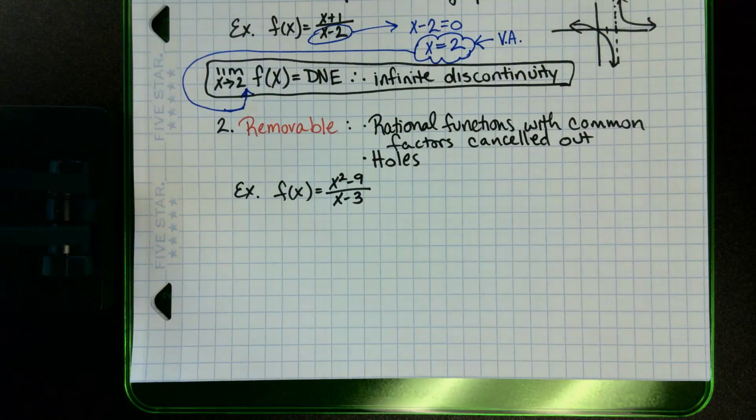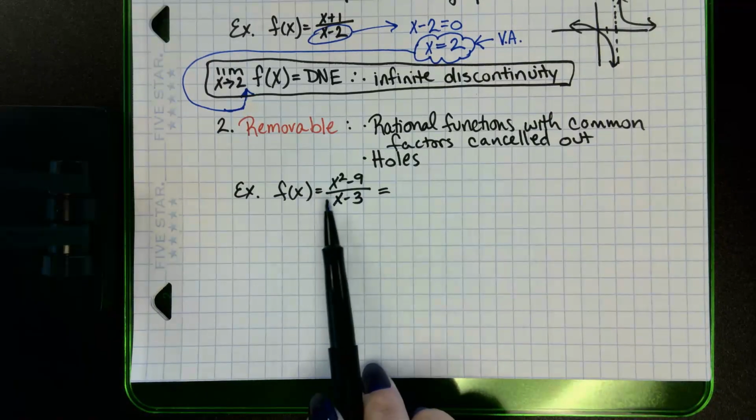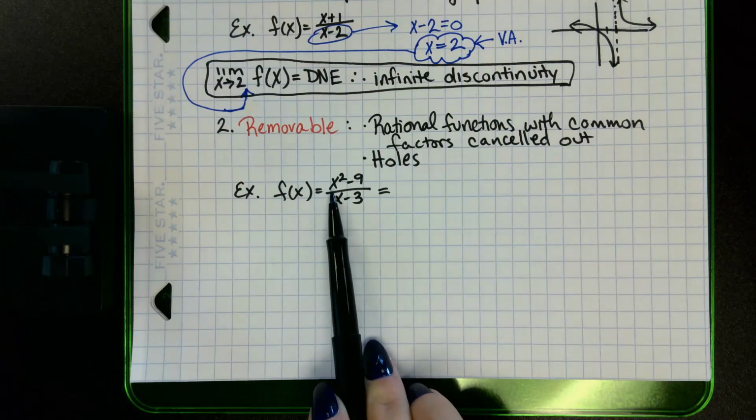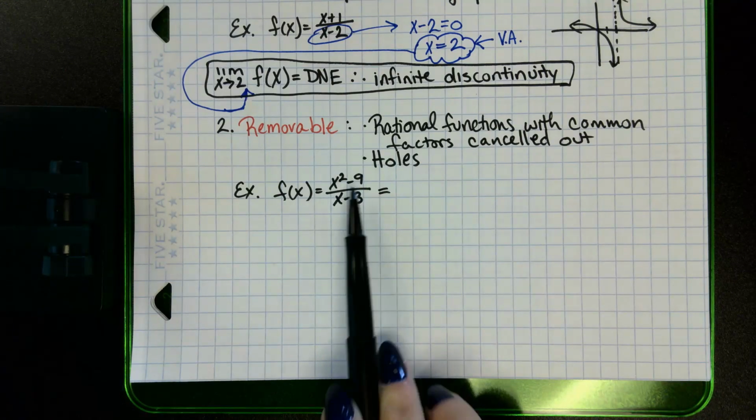If you're given this problem, you should ask, can I factor this any further? Yes, I can. Hopefully when you see that numerator, x squared minus 9, you think difference of squares, because you have a perfect square, subtraction, and another perfect square.